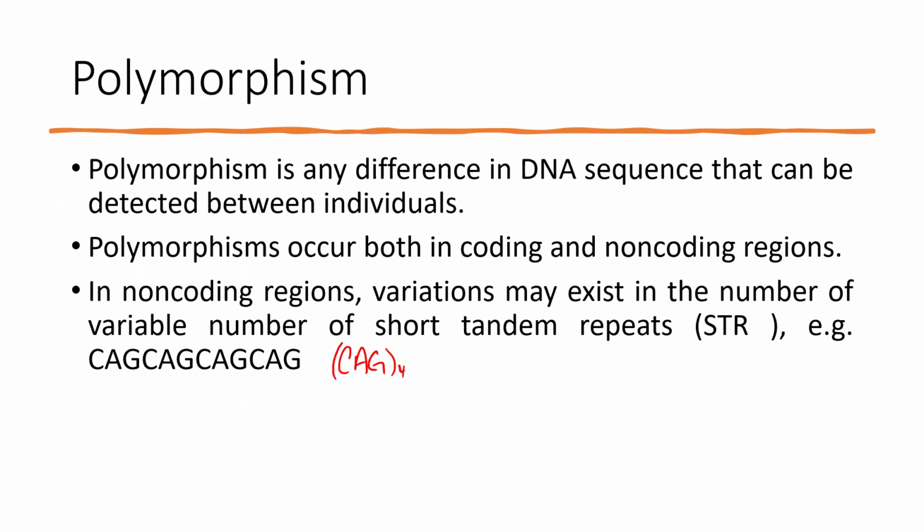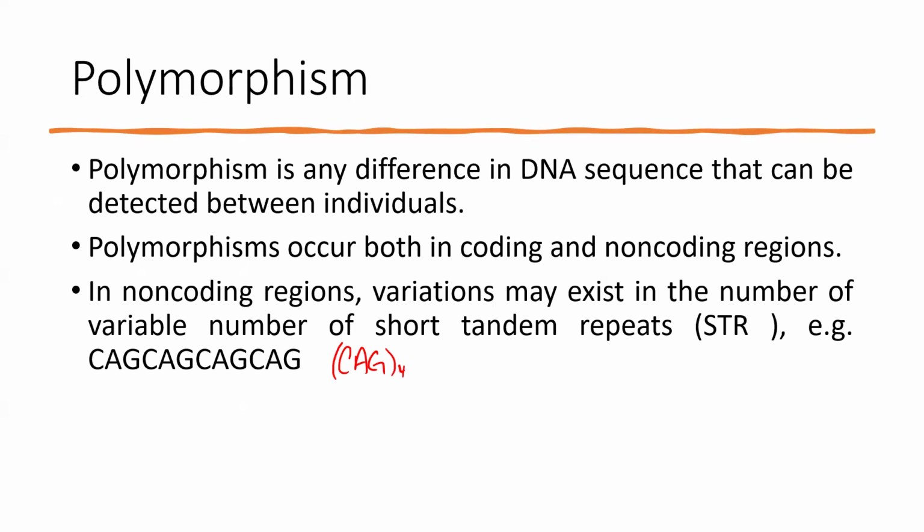So where is the polymorphism? The difference, right? The difference is not the kind of repeats that you have or the kind of repeats I have. Okay? We all have the same repeats at the same location in our genome. So if I have CAG repeated 4 times on my chromosome 16, you will also have CAG repeated on your chromosome 16, but the difference is the length of the repeat.